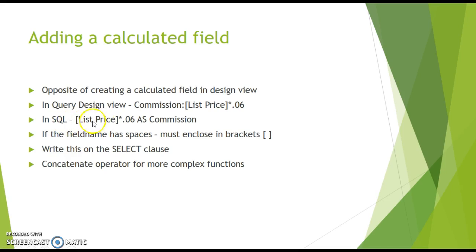Now, if your field names have spaces, enclose them in brackets. You write the calculated field on the select clause, and you can add some more complicated calculated fields by using the concatenate operator, which is the ampersand. And I'm going to show you how to do that in a moment.